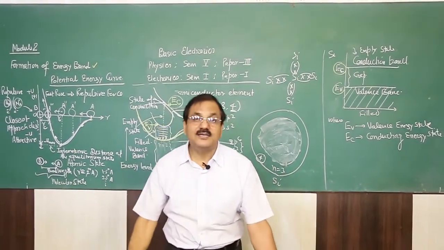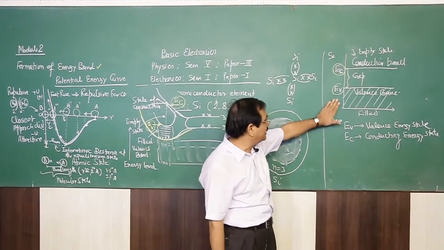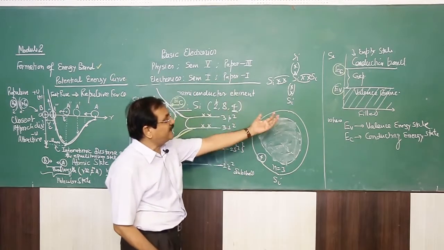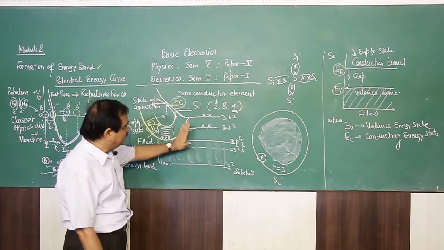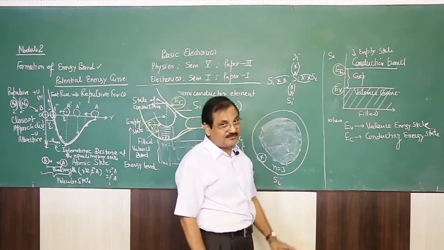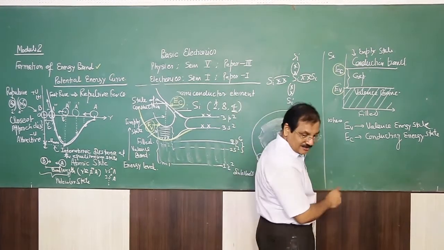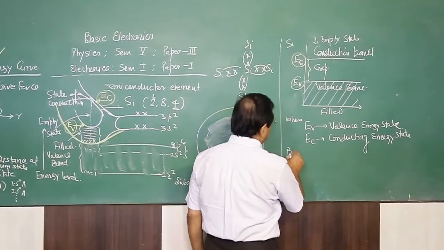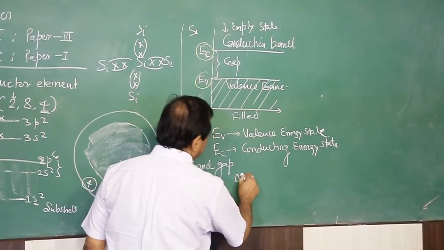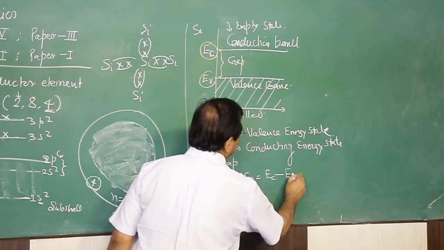So, what we are discussing here is the energy level curve, which is just a way to express the combination of the silicon atoms in the formation of a crystal, in the formation of bands. Now, on the basis of the band gap, that is delta E of G, is nothing but EC minus EV.